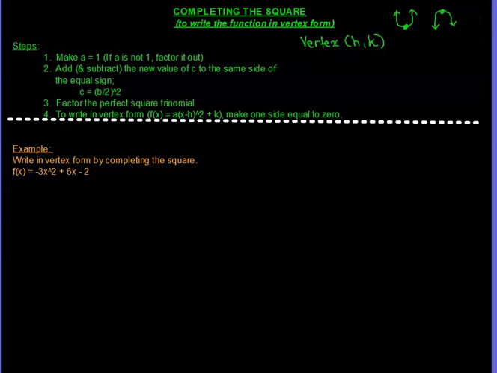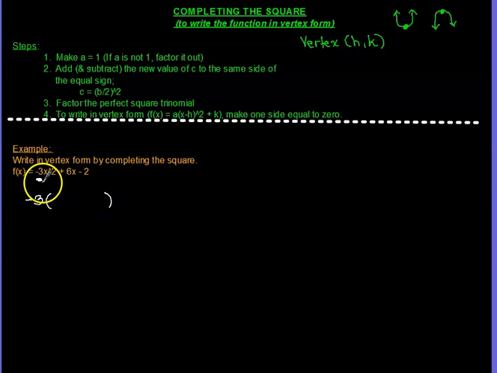So starting off with how to change the example here into vertex form, we want to make sure a is 1. And remember, a is the coefficient of x squared. They go in order, numbers a, b, and c. So a is not 1, which means I'm going to factor it out. I'm going to factor out the negative 3.